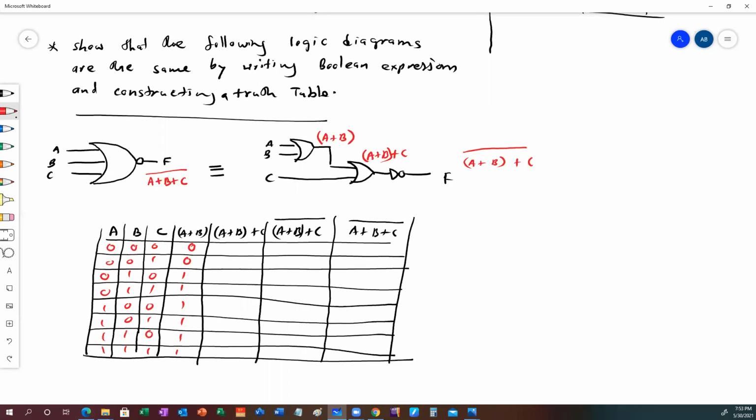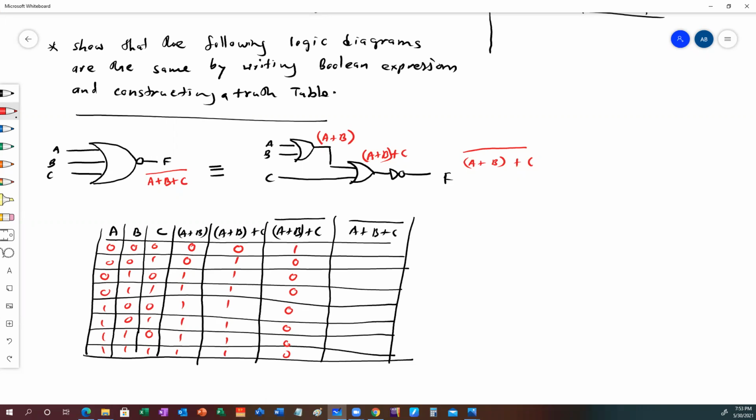Then A OR B OR C, these three, 0, 1, 1, 1, 1, 1, 1, 1. Then here you get the inversion of that one, 1, 0, 0, 0, 0, 0, 0, 0. Because A OR B OR C full bar.